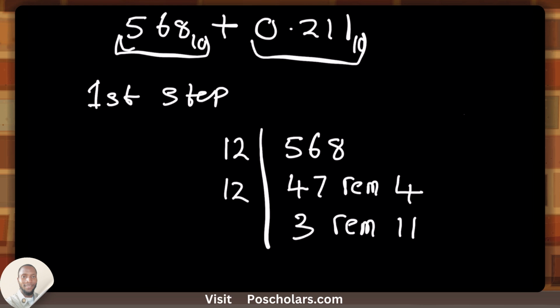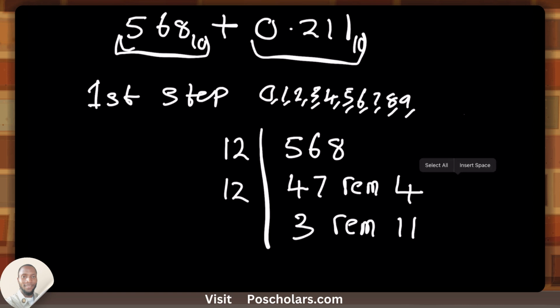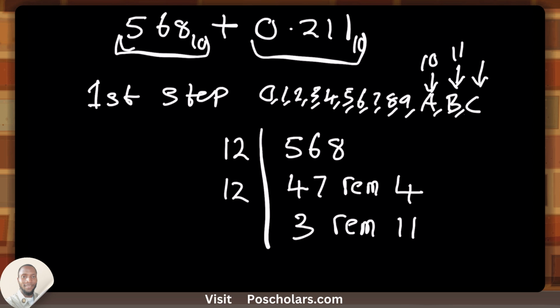When counting in base 12, because we want to convert to base 12, this is how we count: 0, 1, 2, 3, 4, 5, 6, 7, 8, 9. Instead of writing 10, you now say A, B, and C. A represents 10, B represents 11, and C represents 12.